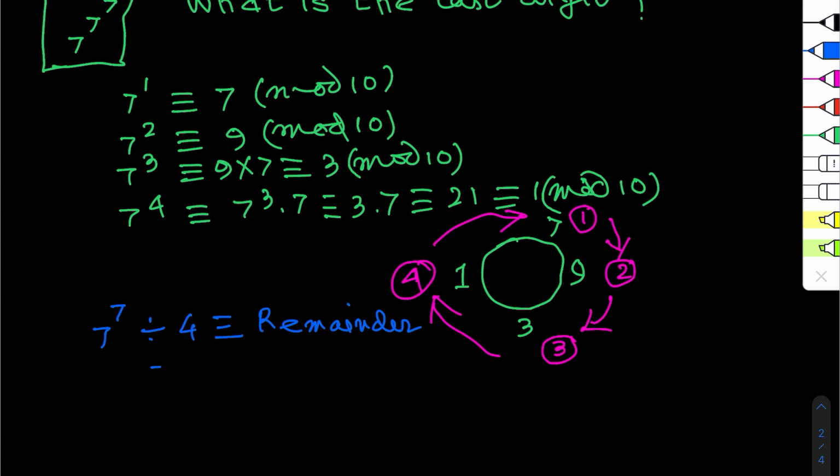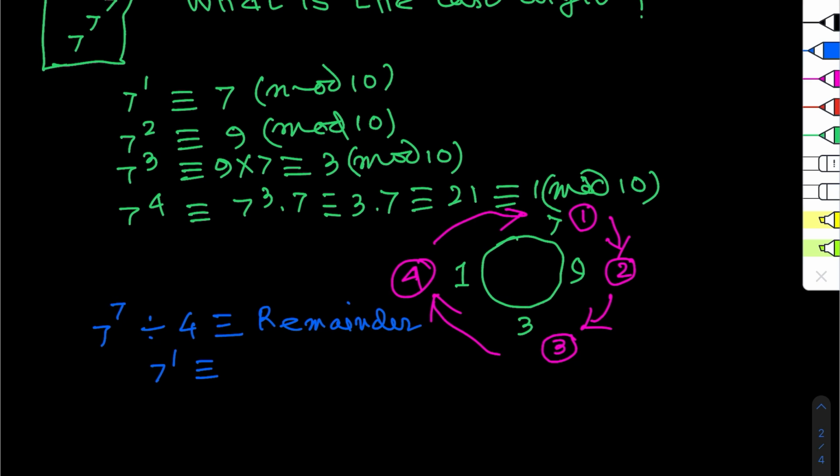It can be done very easily like this. For 7 to the power 1, that means 7 divided by 4, we get the remainder 3, because 7 minus 4 equals 3. So 7 to the power 1 is congruent to 3 mod 4.